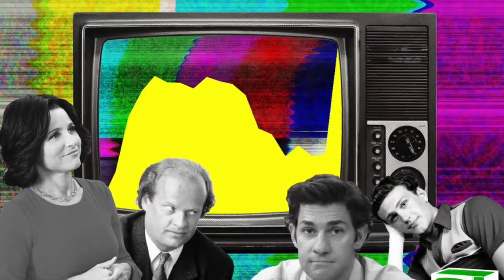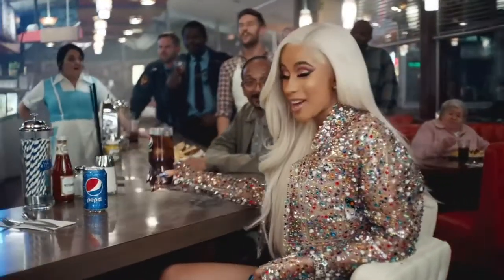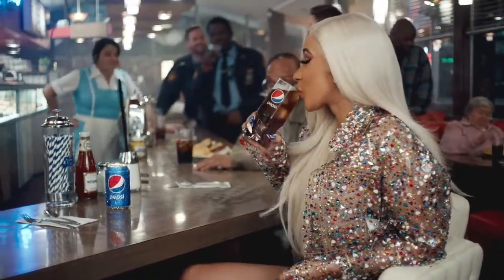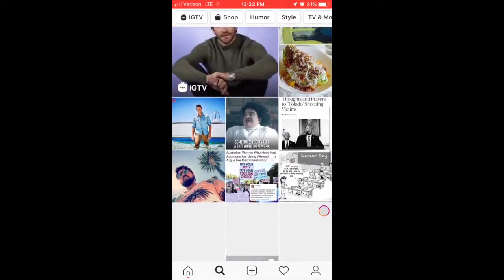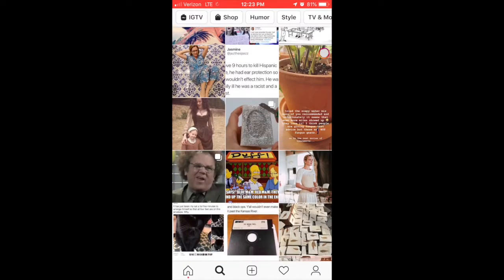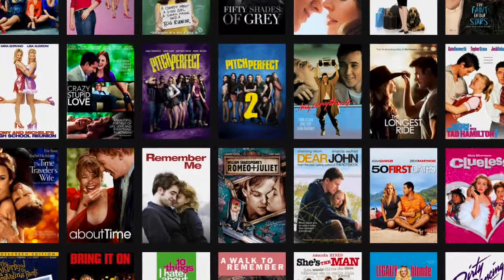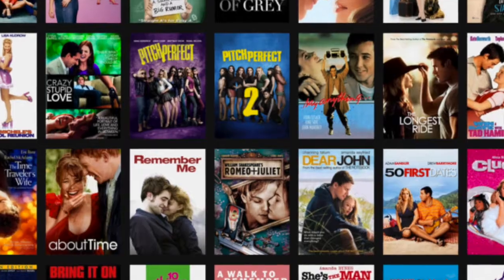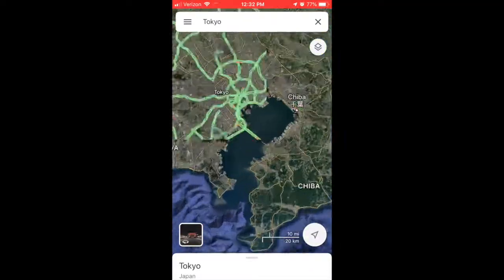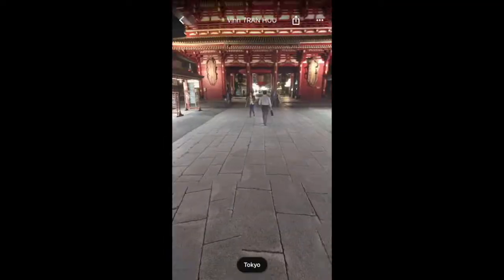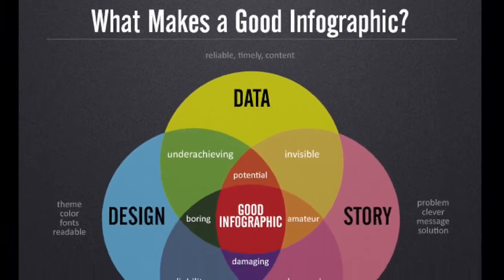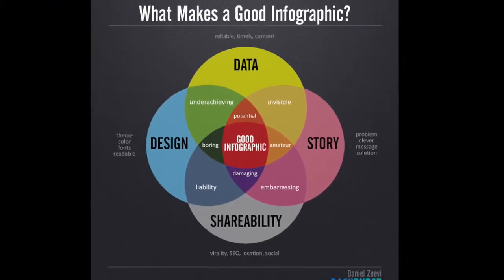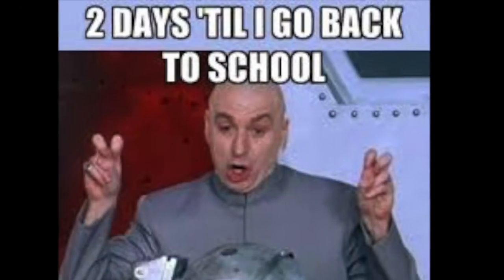Even advertisements. What about Instagram posts? And movies? How about maps? And infographics? Even memes.